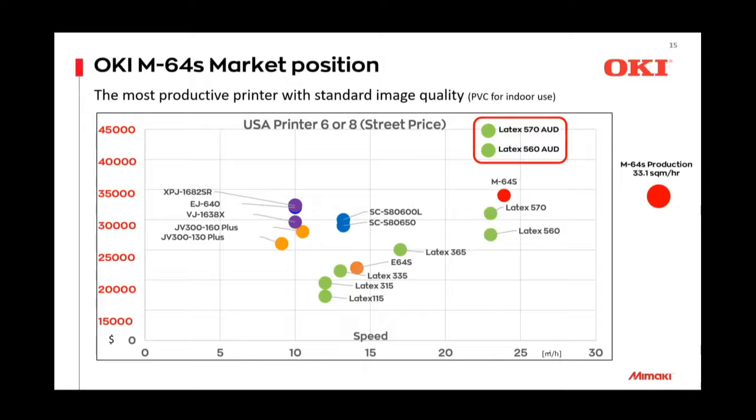And then we look at this all rounded, and we look at the point of sale production mode that's actually 33.1 square meters an hour. You can see if it's about production printing, point of sale printing, quick turnover of production capacity, then it's very difficult to go past the M64S.